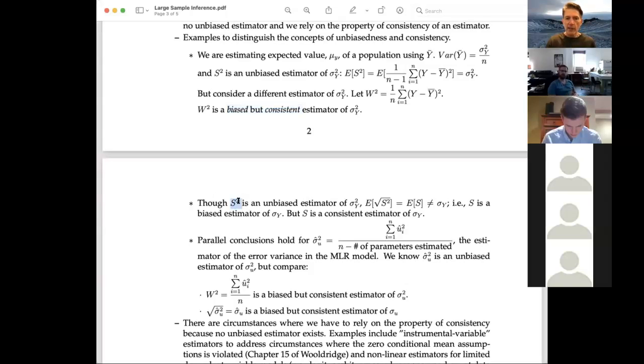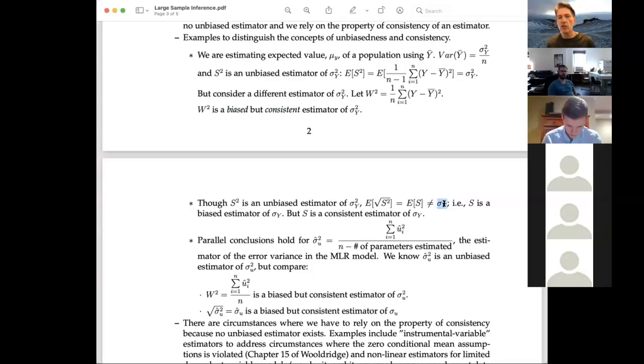So s squared is an unbiased estimator of the variance of y. But if instead of using sample variance, we used the square root of that, which is the sample standard deviation, it turns out that's a biased estimator of the standard deviation of y. Sample standard deviation is a biased estimator of the standard deviation of y, but it is nevertheless a consistent estimator.